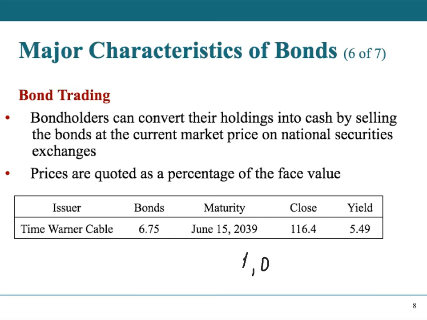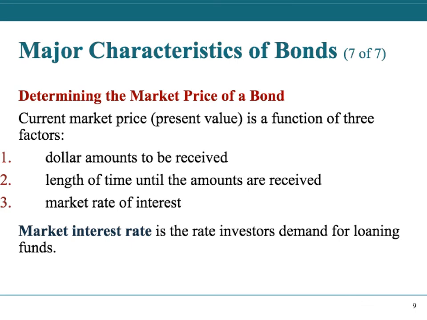You take your $1,000 and multiply it by 116.4%. Then you will know how much you will get for this bond, so a little bit more, it will be 1,164.